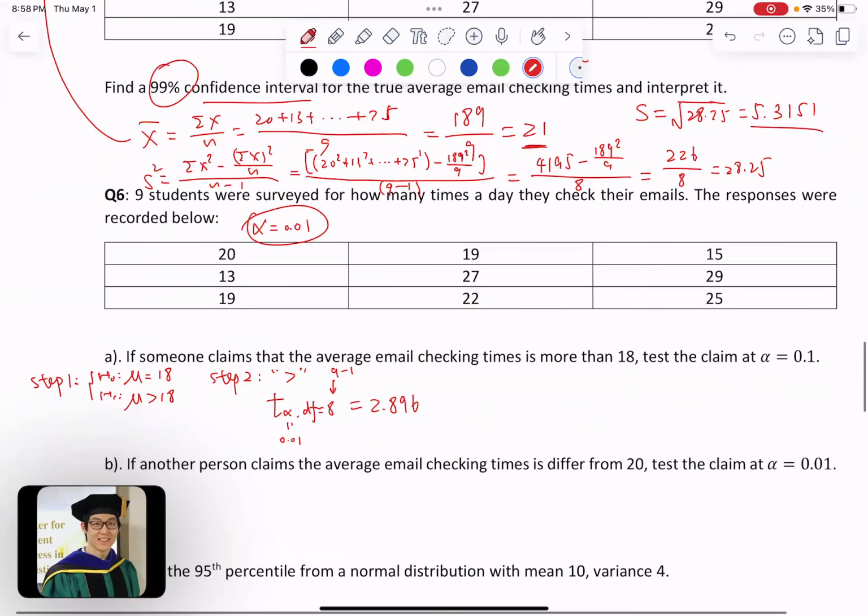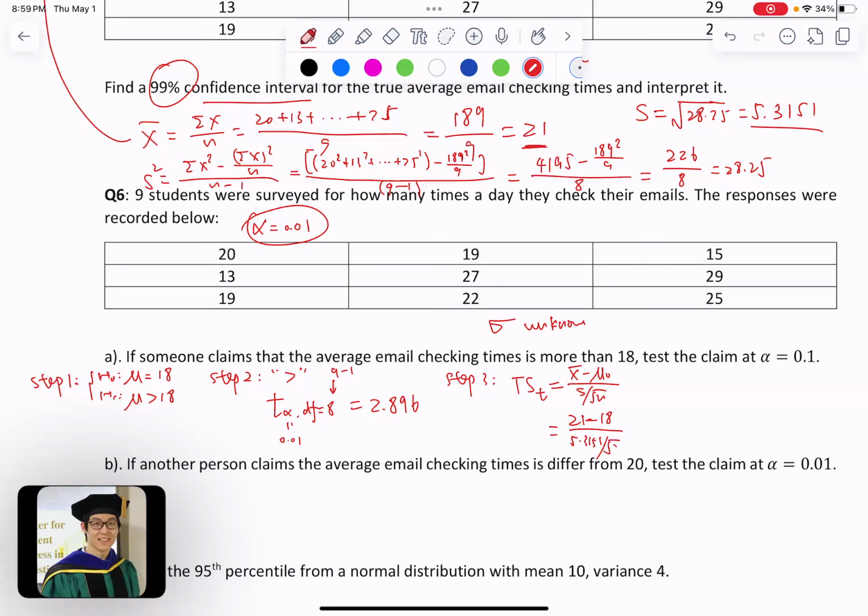Okay, so step 3, we calculate the test statistic. This is a t because sigma is unknown, right? So x bar minus mu naught, which is 18, over s over square root of n. So we have x bar 21 minus mu naught 18 over s, 5.3151, over square root of 9.